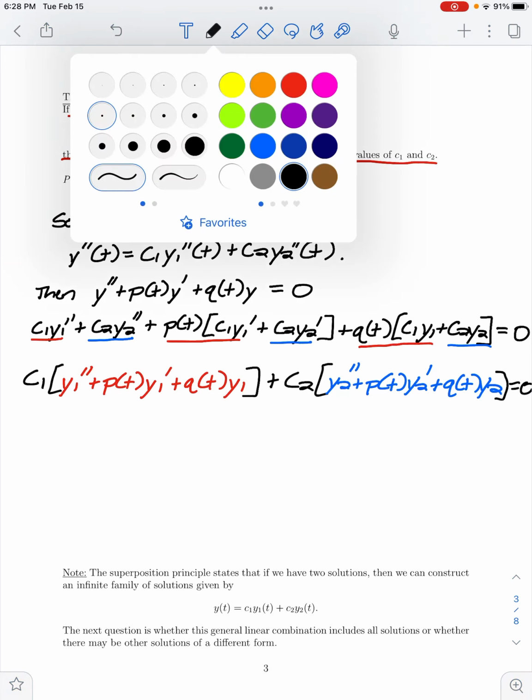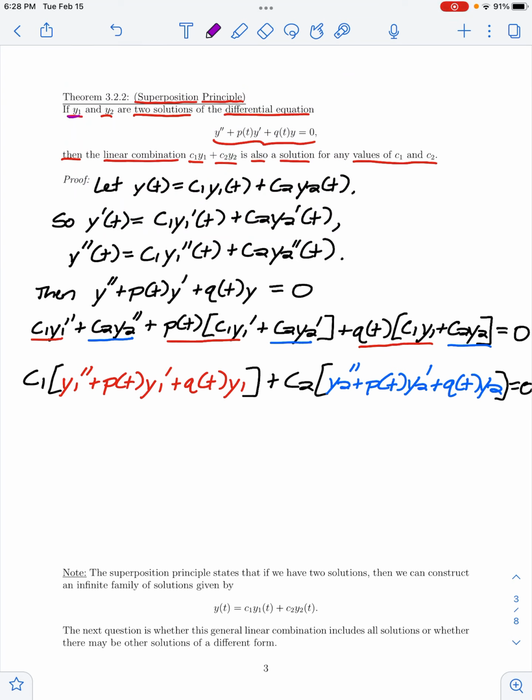Now here we were told that y1 and y2 were solutions of this differential equation. So if I substitute y1 and y2 along with its derivatives into that equation, they make it equal to 0.